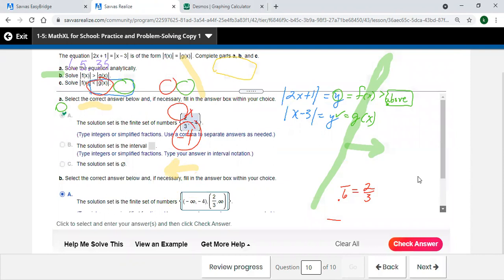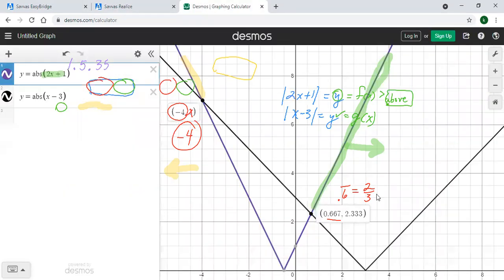We've got the absolute value of 2x plus 1, and they're calling that f of x. And they're wanting to know where that is above the x minus 3. So let's go back to Desmos and look. See what we have here.